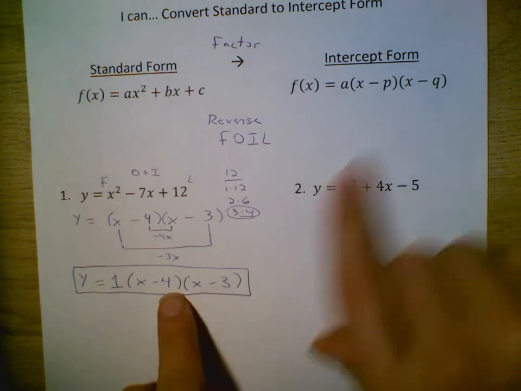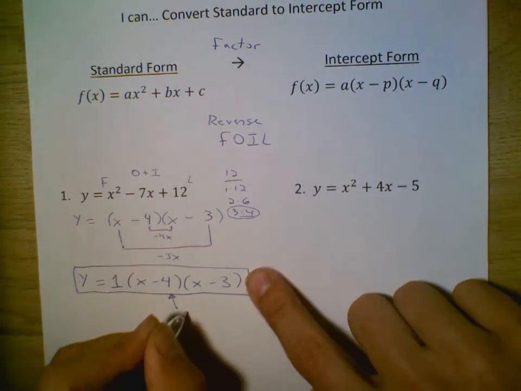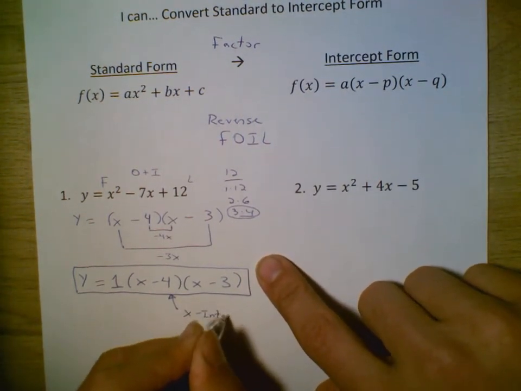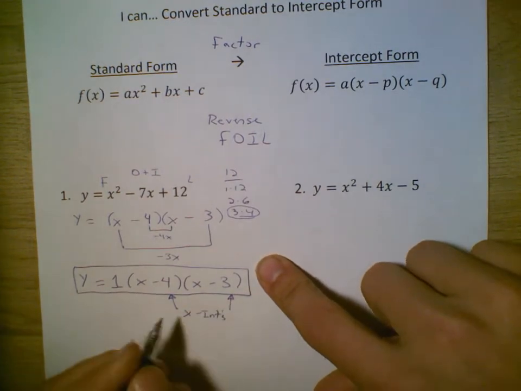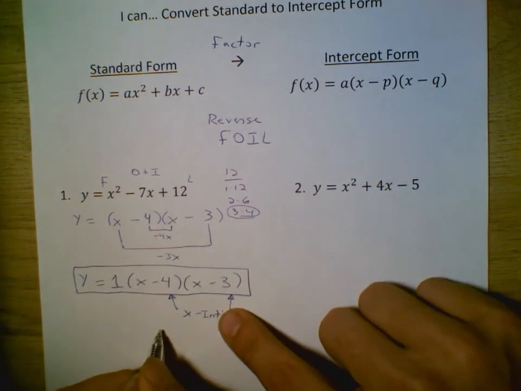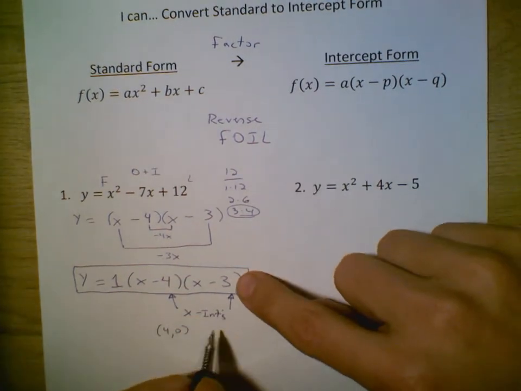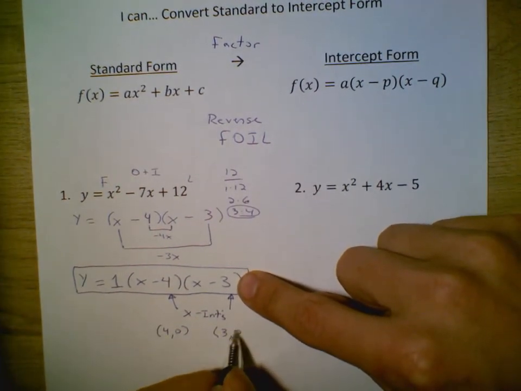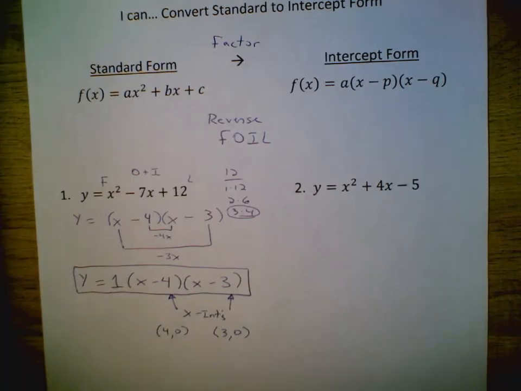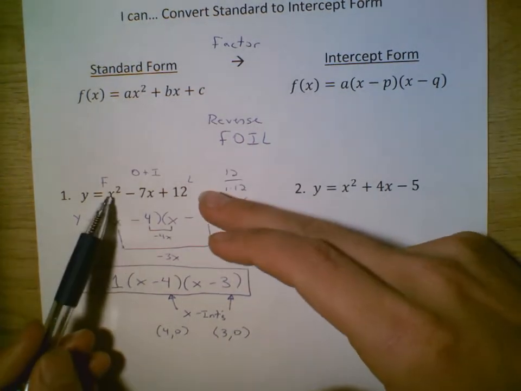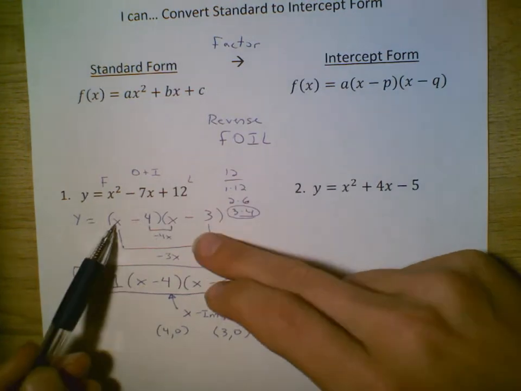Intercept form gives me the x-intercepts. This one would have an x-intercept at 4, 0, the opposite. And this one would have an x-intercept at 3, 0. And the vertical stretch would be a 1. So we can easily switch standard form to intercept form by factoring it.